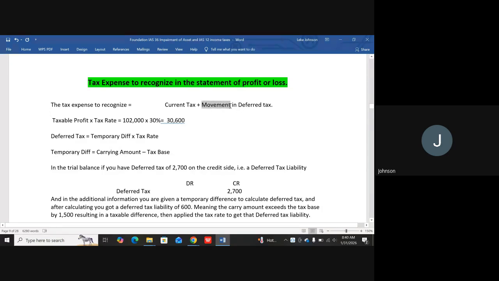Movement in the sense that you could have deferred tax that you are bringing from last year. You could also have deferred tax that you have in the period. So that is how to get the movement in deferred taxes. All right.